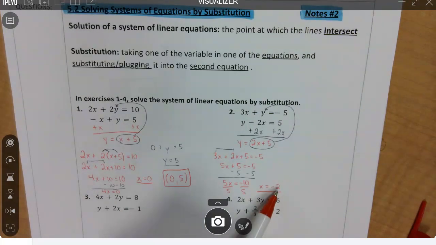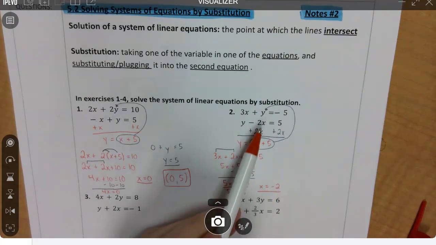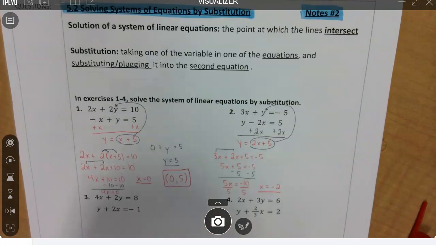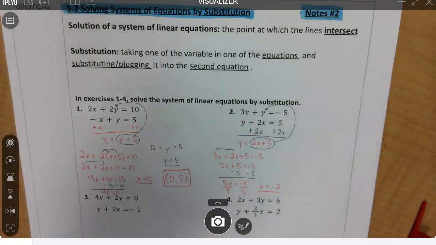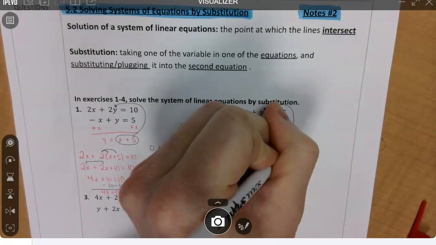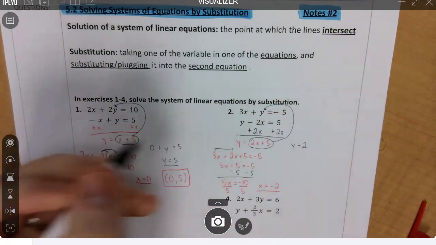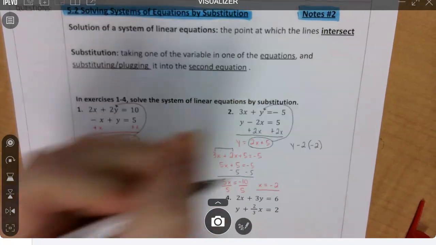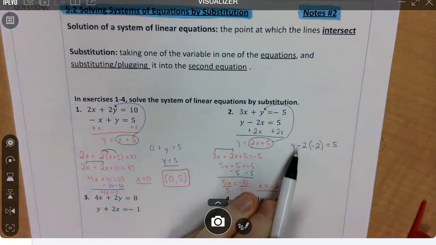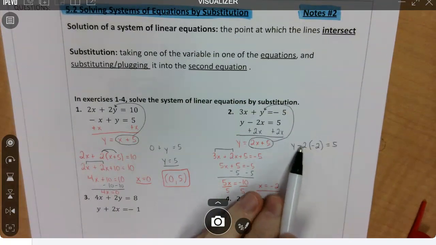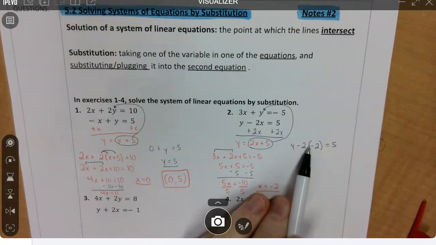Now I take this negative 2, and I'm going to plug it back in here for x, so there's the second substitution of the problem. I'm going to do y minus 2, and x is negative 2, equals 5. So now I have y minus, but this is being multiplied, so I have to do this multiplication first.